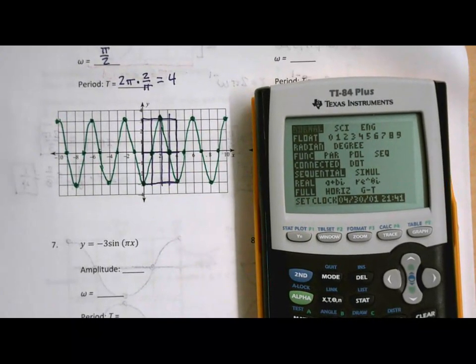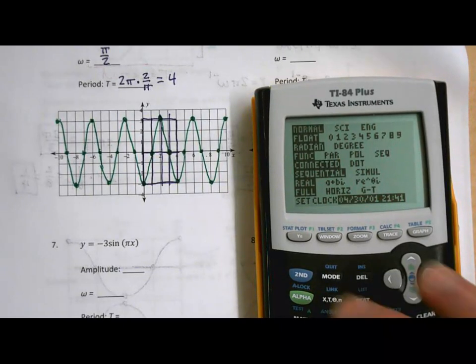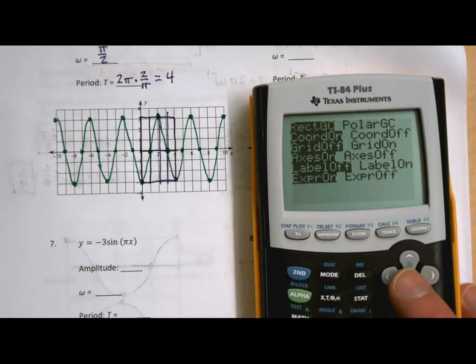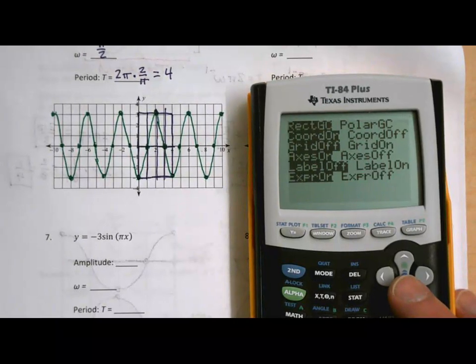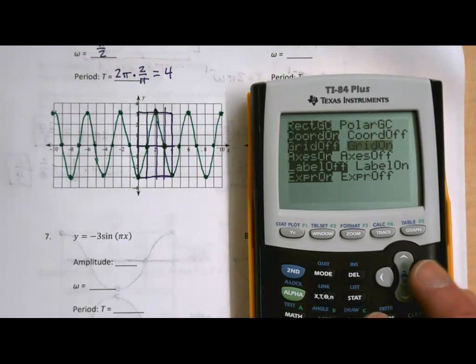Something else I'll show you that can be useful to you. Some people like this, some people don't. Hit second zoom. You get to the format menu. If you've got a newer version of the calculator than I do, you're going to have some more options than I do. But I am going to turn grid on.